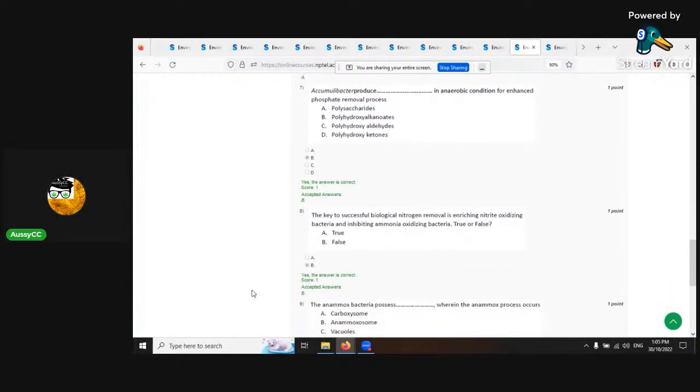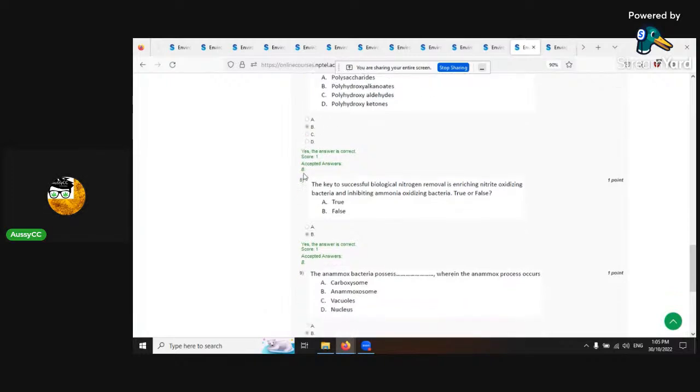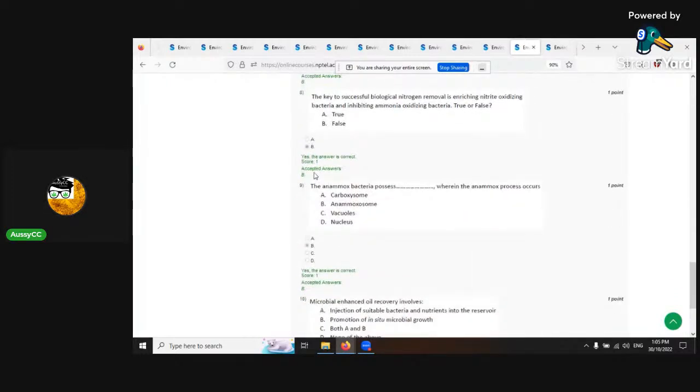The Anammox bacteria processes something, wherein the Anammox process occurs in B. Microbial enhanced oil recovery is from Pseudomonas, and it is done with injection of the bacteria into the reservoir and promotion.